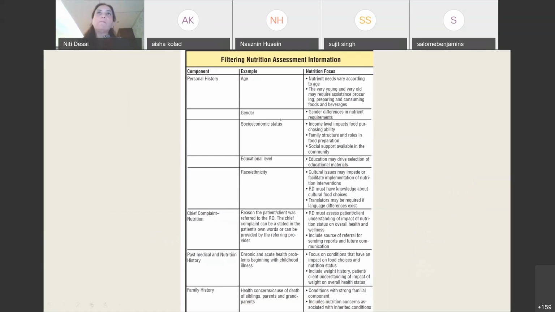This is in the tabular form, the same thing that we discussed, the age. In fact, it even helps if we ask the person the region or the community from where she is coming from, because once you suggest food options which are very ethnic, the acceptance is very high.